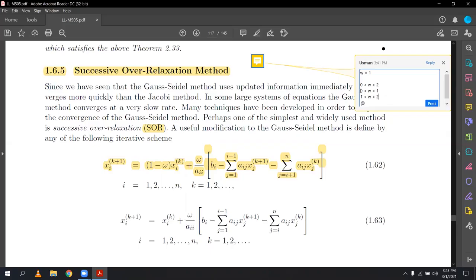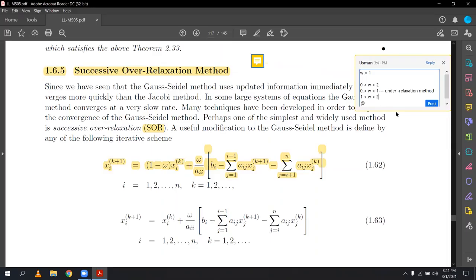We have two shapes of the method. One we call the under relaxation method. Under relaxation method means if you use this formula and you use the value of omega between 0 and 1, then we call it under relaxation method.